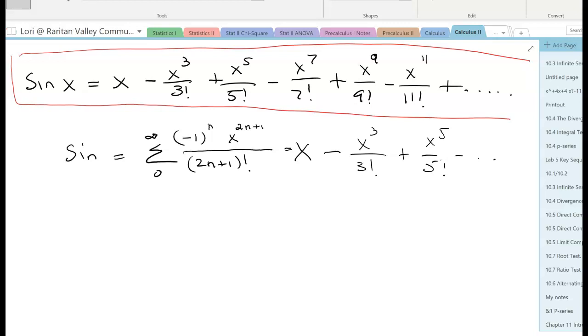Take a guess as to what you think the cosine would look like, then pause the video, work it out, play with it on the graph, and come up with your cosine polynomial, your Taylor expansion, Maclaurin expansion for your cosine.